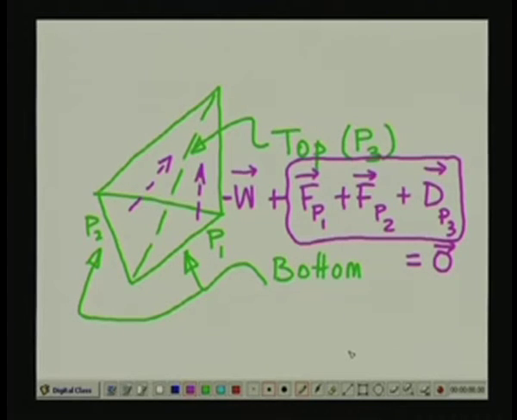Otherwise, this particular wedge is going to become unstable. So, here you have to consider the unit normals to the three planes P1, P2 and P3 vis-a-vis the tunnel alignment in order to compute the stability of this particular wedge.